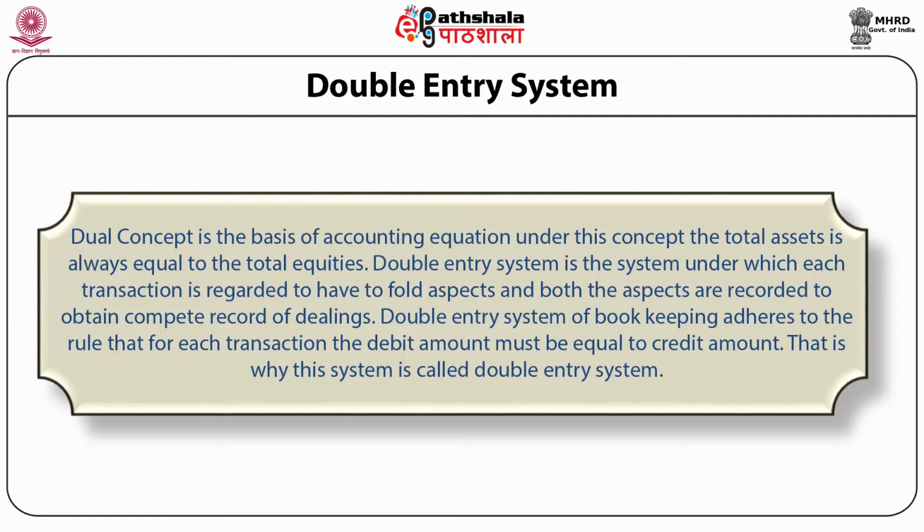Double entry system of bookkeeping adheres to the rule that for each transaction, the debit amount must be equal to credit amount. That is why this system is called double entry system.